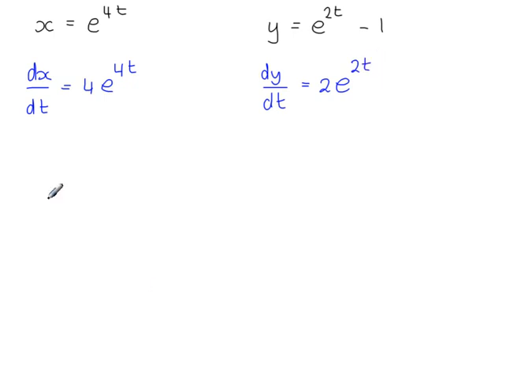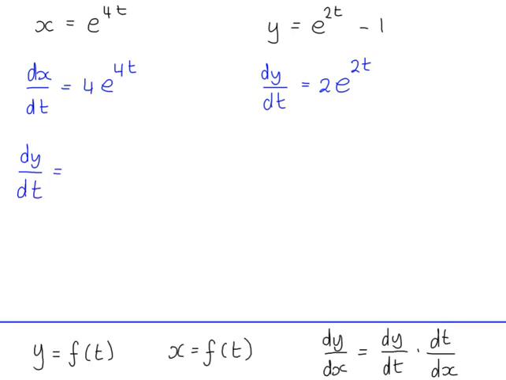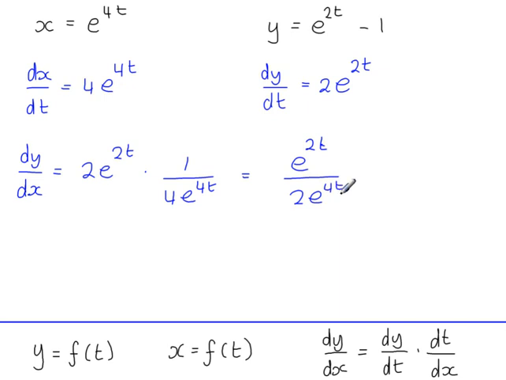and then using the chain rule to link these together, dy by dx is equal to dy by dt, 2 e to the power of 2t, times dt by dx, so we have to flip this one over, so 1 over 4 e to the power of 4t, and the 2 over 4 is just the half, so we've got e to the power of 2t over 2 e to the power of 4t.